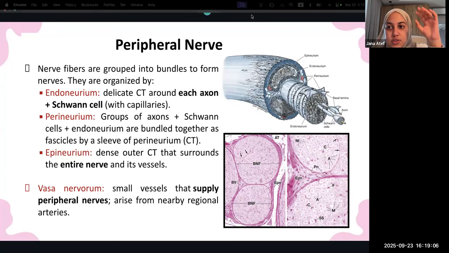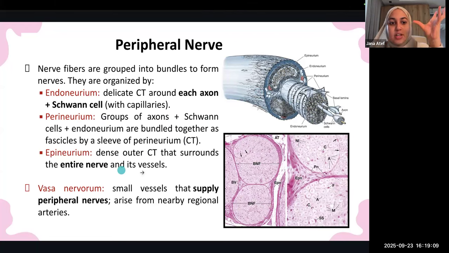Also, just so there's no confusion, when I say it covers an entire nerve, the nerve itself has multiple nerve cells. A big nerve has nerve cells. So the big nerve, the one you actually touch and see in anatomy, is covered by epineurium. If you have a question in the OSPE that points to a dense connective tissue covering of a nerve, the big one, it's called the epineurium.